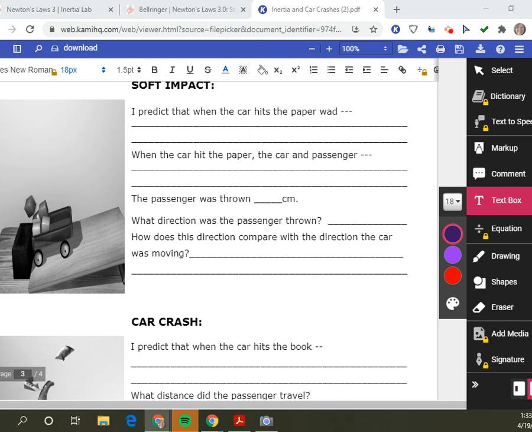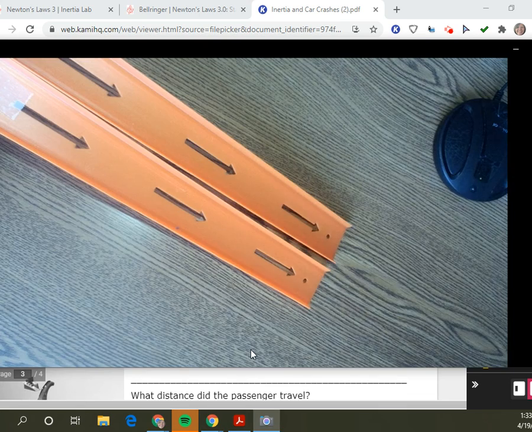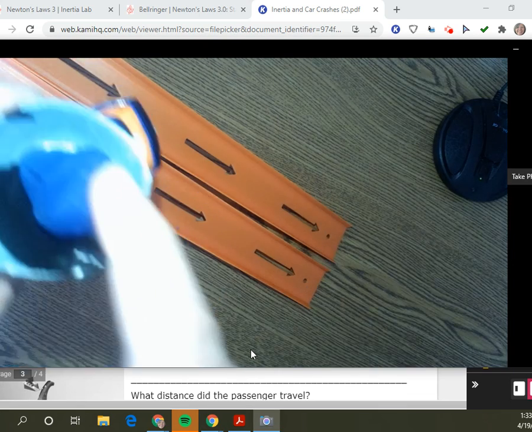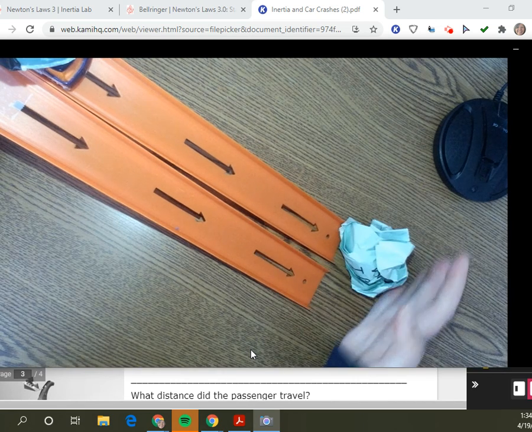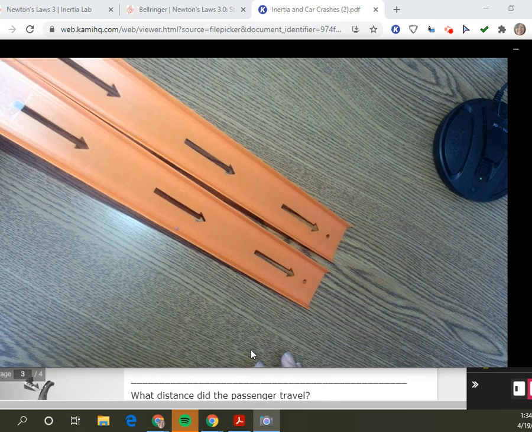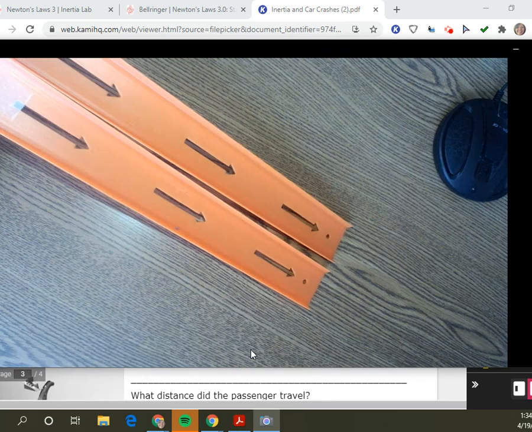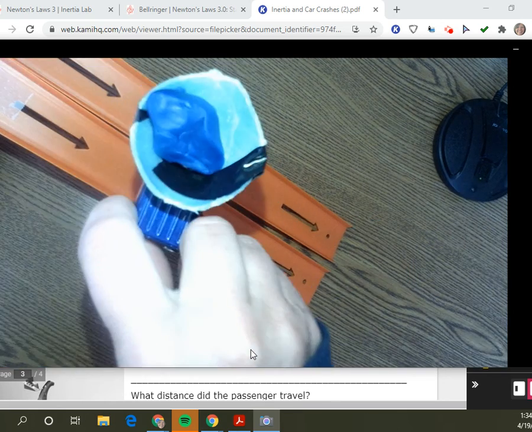The direction of the thrown person. So if our little clay person is right here, make sure he's not stuck in there or anything, and he hits the paper wad. Okay, I'm going to move my hand, but he hits the paper wad. Well, the person jiggled around a little bit, but he wasn't thrown anywhere.